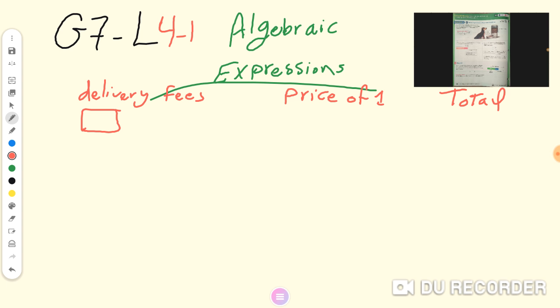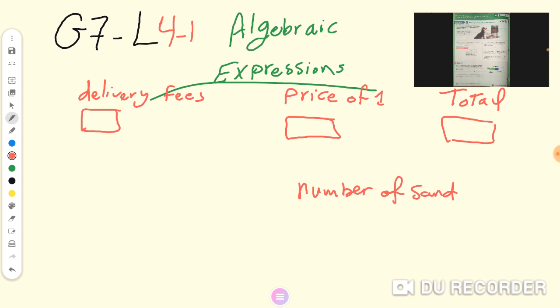If I know all of this, but I also need the number of sandwiches, how many sandwiches I'll get, then you can calculate the total, how much I should pay.